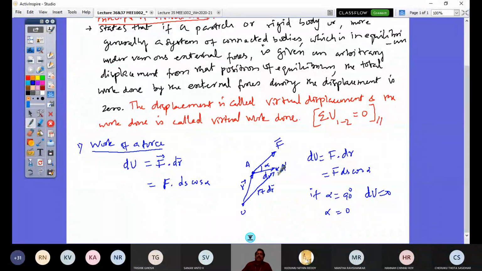The force vector and the displacement are collinear, then your dU is going to be F into ds, where this ds is the distance, the magnitude of this dr vector. And if alpha is 180 degrees, the force and displacement are collinear, but they act in opposite sense. The work done is then negative work, given by minus F into ds. So this is what you understand from this.